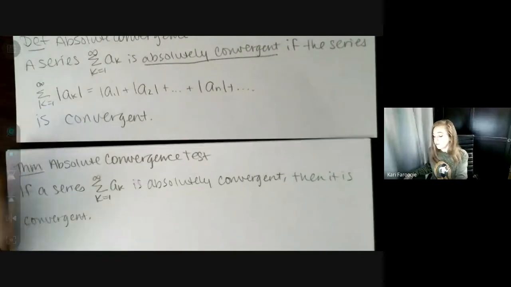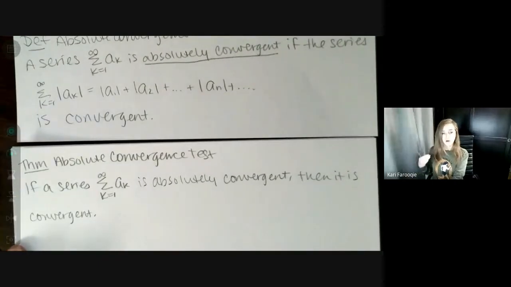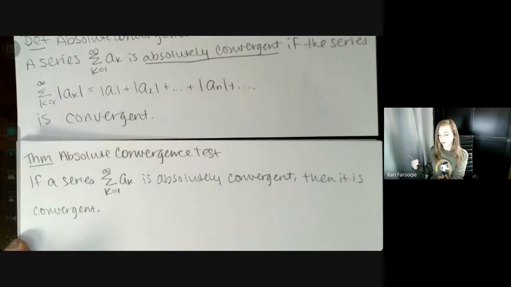So the absolute convergence is stronger than the alternating convergence. So if your series is absolutely convergent, then it's convergent.